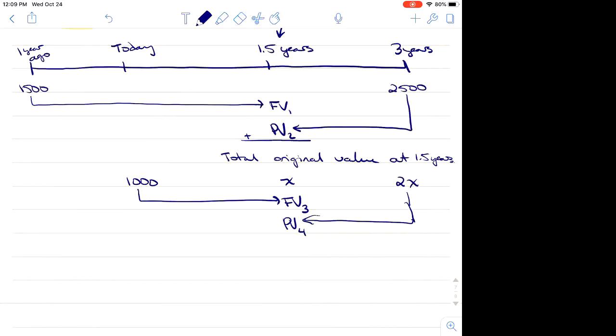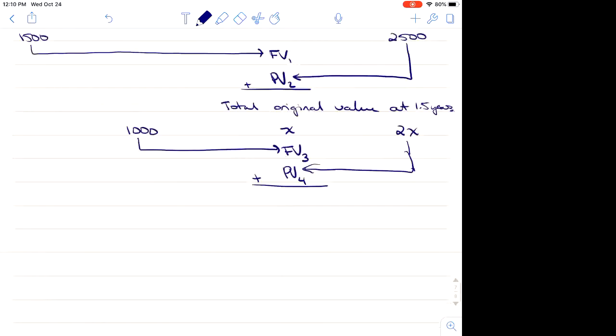So X plus future value 3 plus present value 4 has to equal the total original value at 1.5 years.